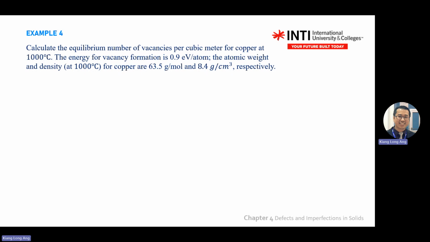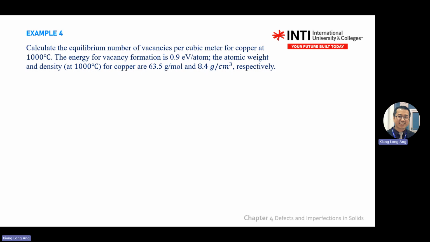The energy for vacancy is Q, given in eV, so use the eV k value, 8 point something.